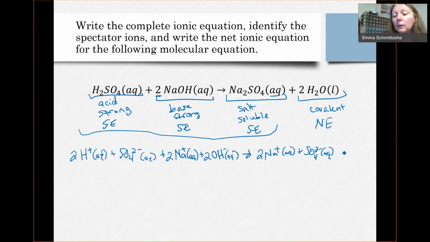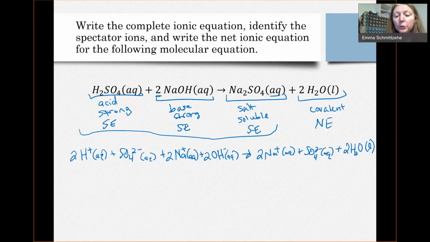And then, let's see, the H2O is a non-electrolyte, so that just stays as H2O. And so that's our complete ionic equation. And then we can identify our spectators.